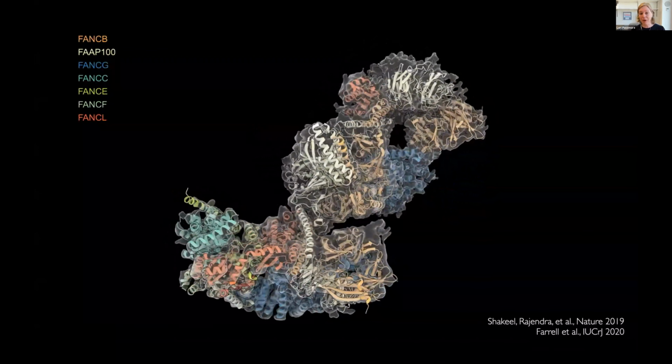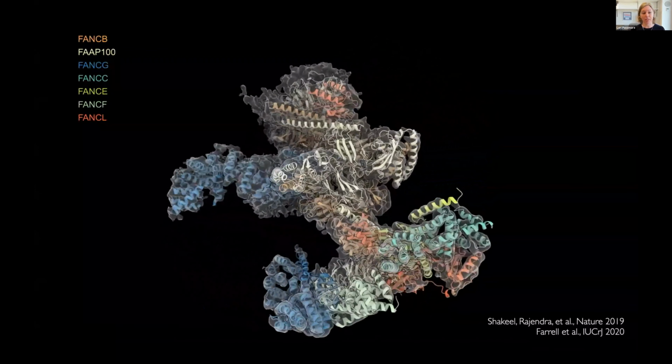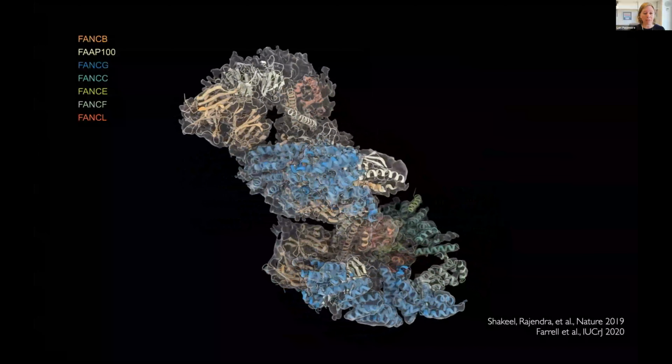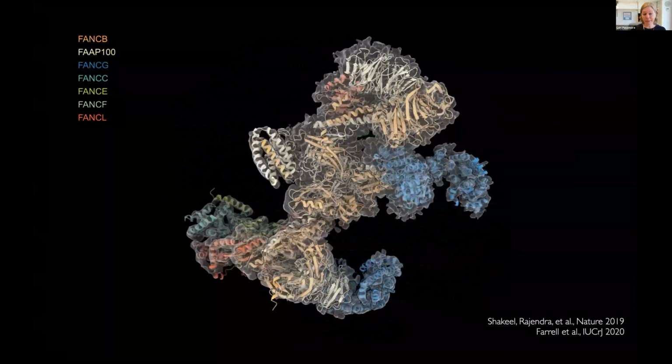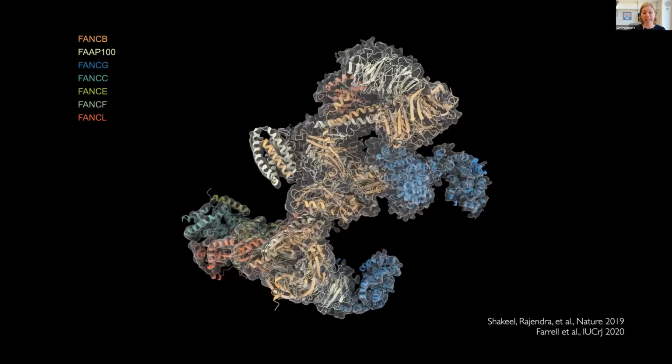And so we now have models for 7 of the 8 subunits. We found that in the center of the complex here, there are 2 copies of the catalytic core. So that's the BLN100 subunits. And arranged around this are all the other subunits. So there's 1 copy of each of the green subunits in the base and 2 copies of FANC-G on the side.